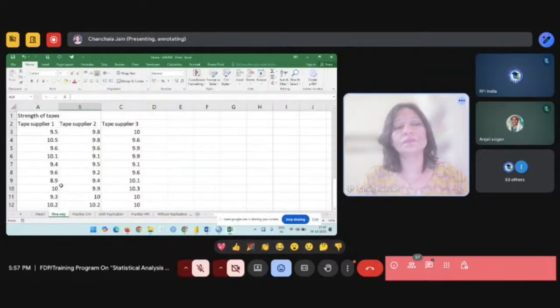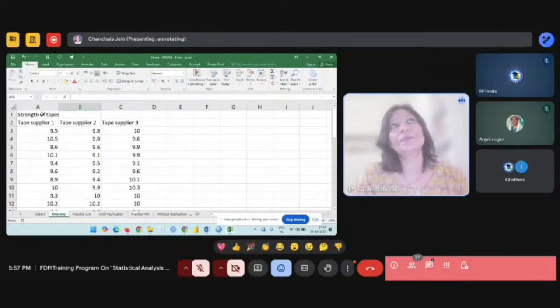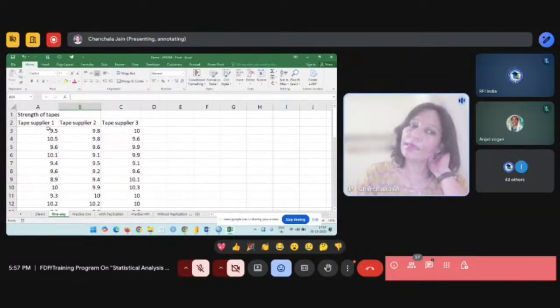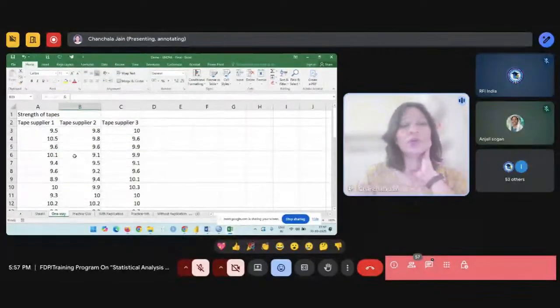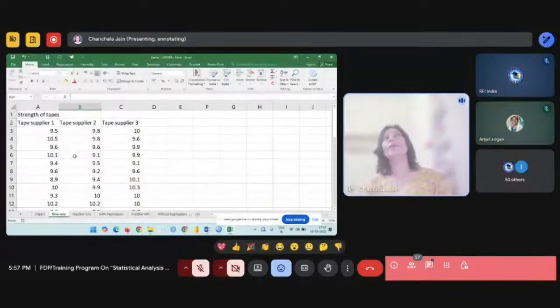Here we have the strength of tapes which we are receiving from 3 different suppliers, supplier 1, 2, and 3. So these are the tape strengths given for the 3 different suppliers. Can anyone tell me what number of variables are given and what is the type of variable here?